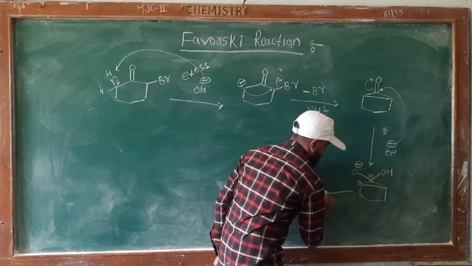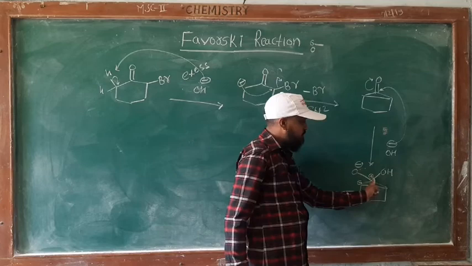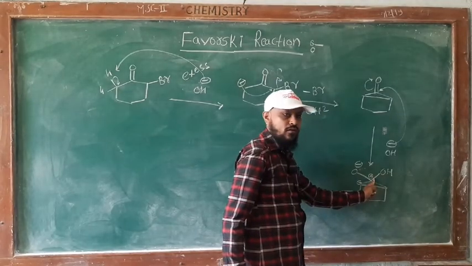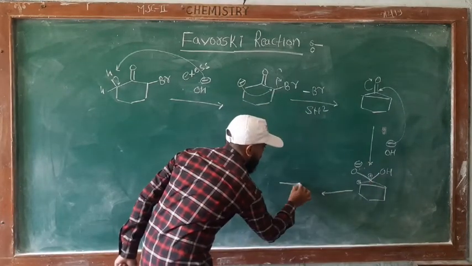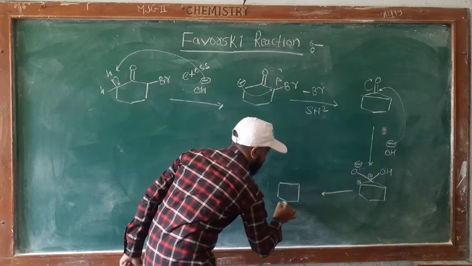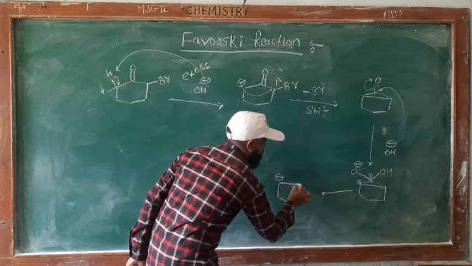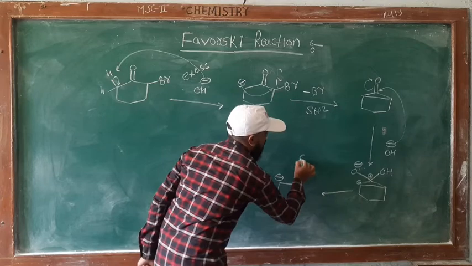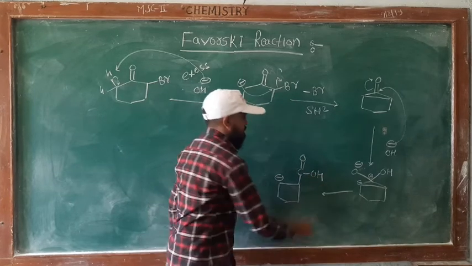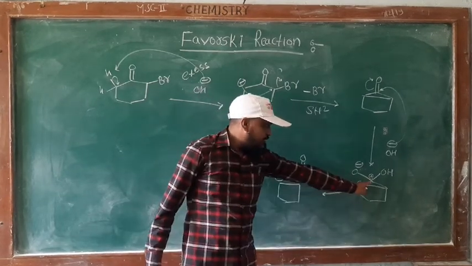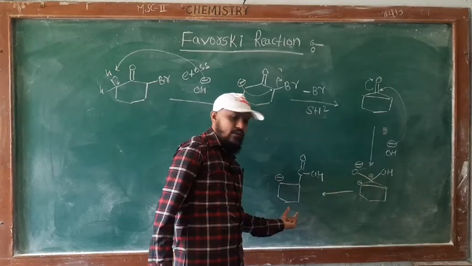The negative charge and positive charge form a pi bond, and we get this type of intermediate product.